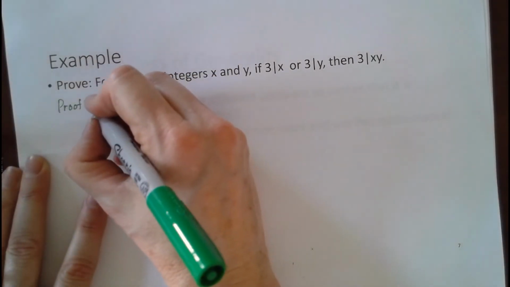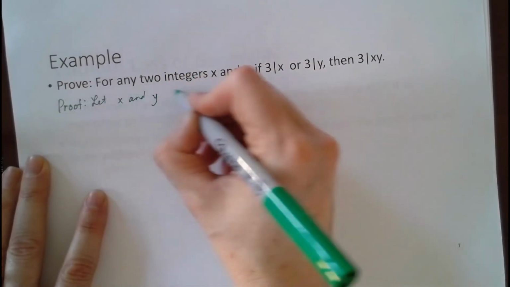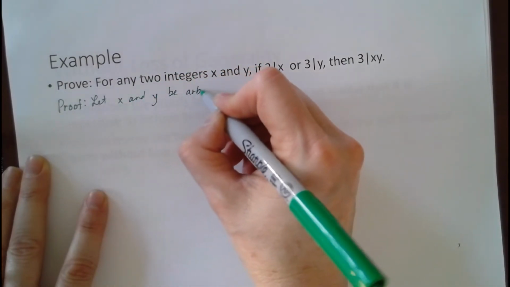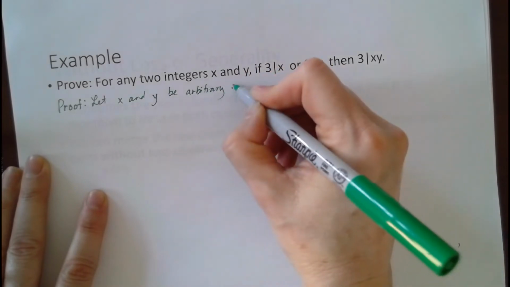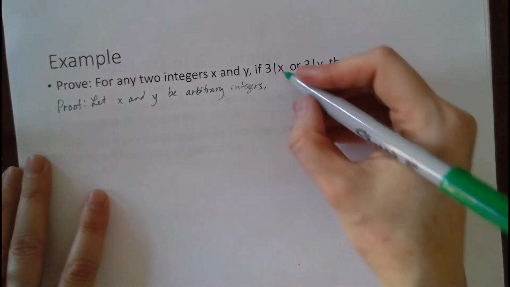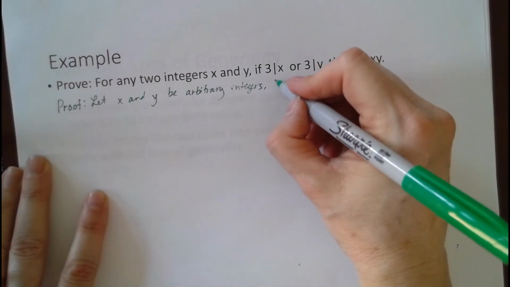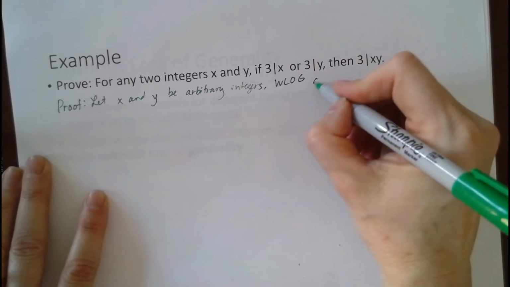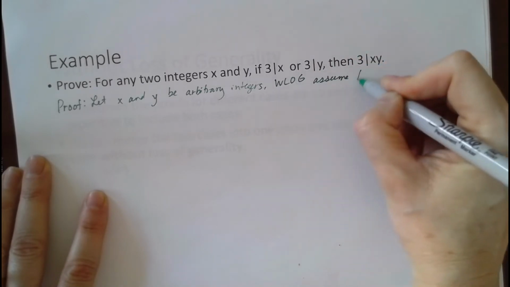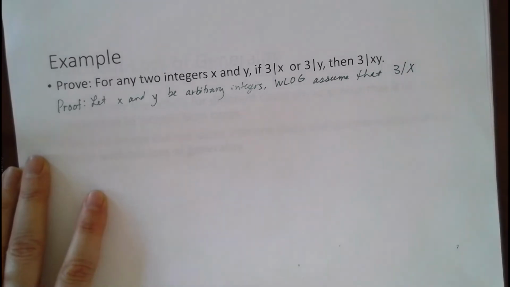So let x and y be arbitrary integers. And then we'll do our without loss of generality. Assume that 3 divides x.